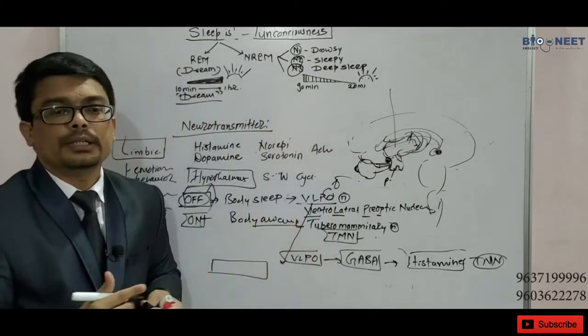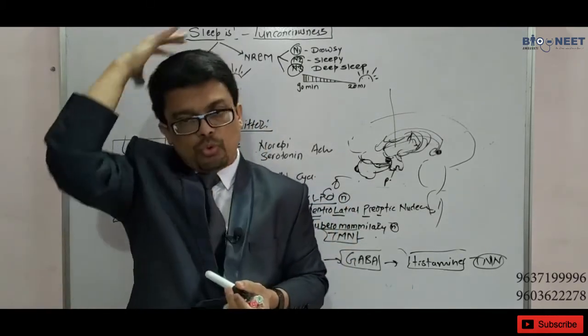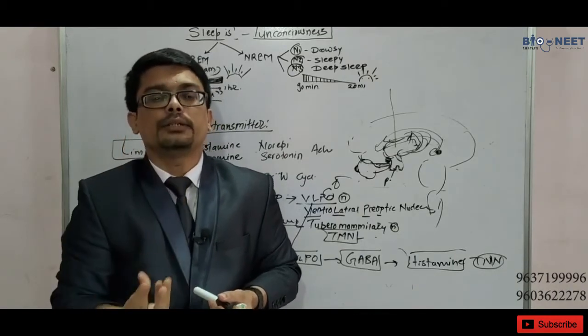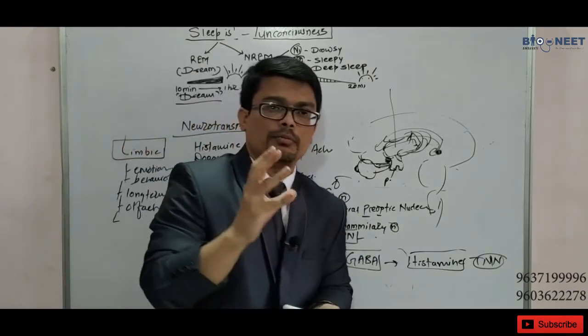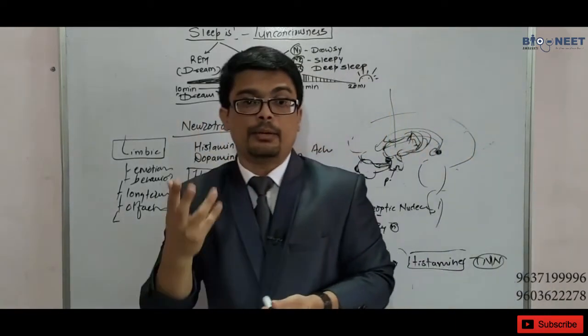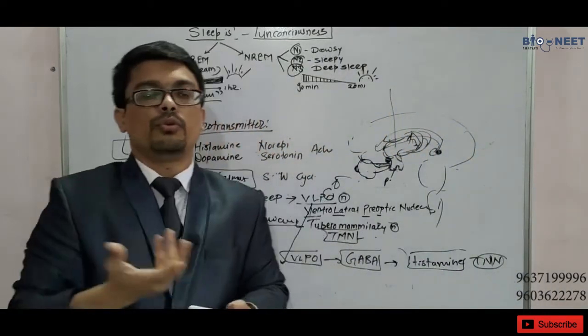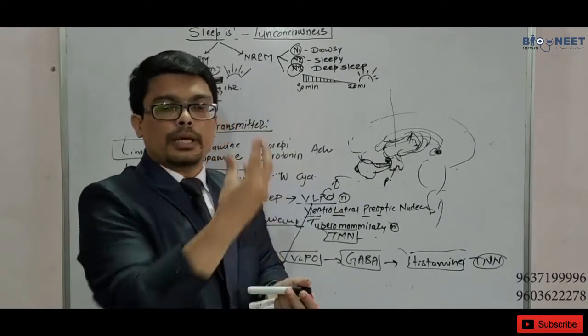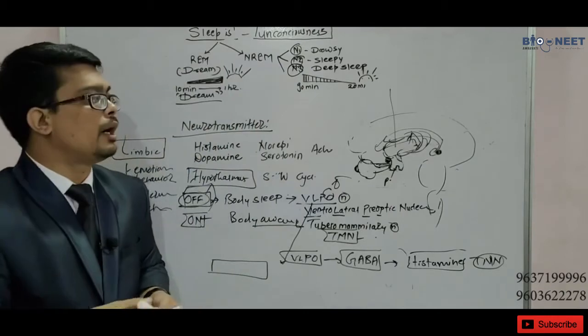We already know your brain is divided into forebrain, midbrain and hindbrain. If you see a dry coconut, the gray part from outside is the forebrain. Inside that, the white part of the coconut is like the midbrain, and the tail of the coconut is like the hindbrain.